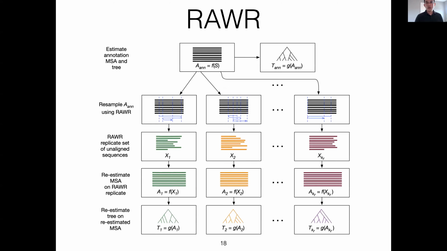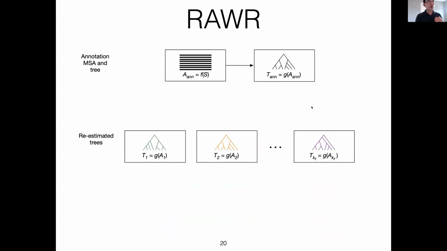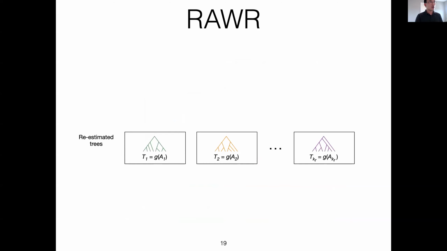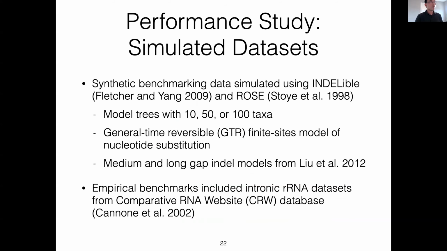Just like with all of the other traditional resampling methods, you repeat this enough to get enough resampled datasets on which you can perform your re-estimations, resulting in a set of re-estimated trees, which you can then compare to your annotation MSA and tree in the traditional way. That basically means computing support for each bipartition in the annotation tree, meaning what proportion of re-estimated trees actually display that bipartition. That's going to be the output here.